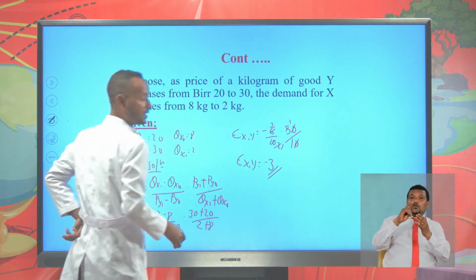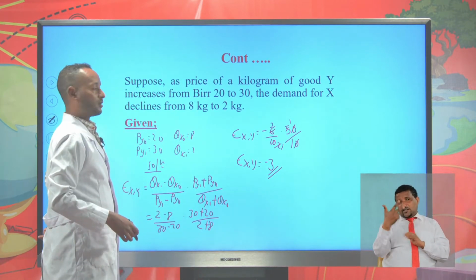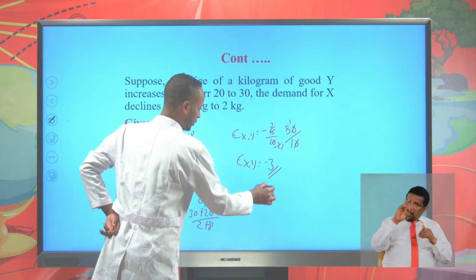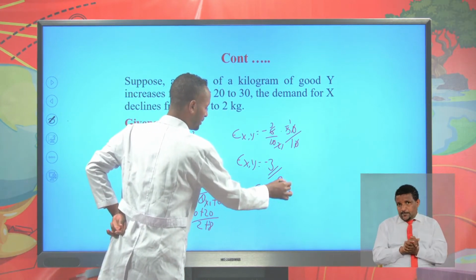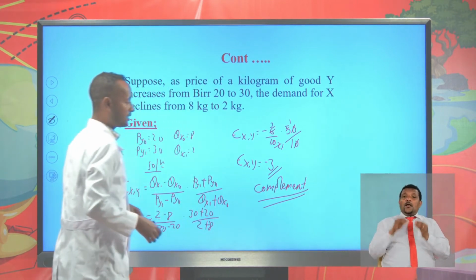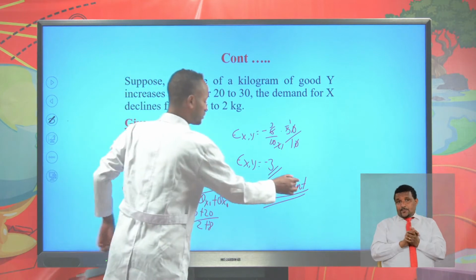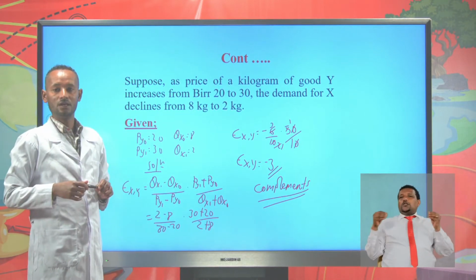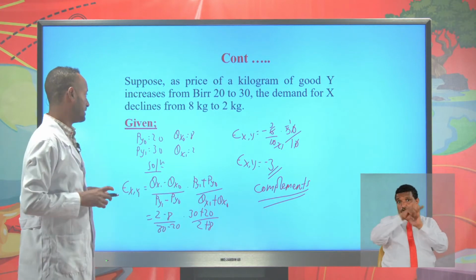This minus 3 indicates that the two goods X and Y are complements, because mathematically, after calculating the cross price elasticity of demand, if you get a negative value, then the two goods are complements.